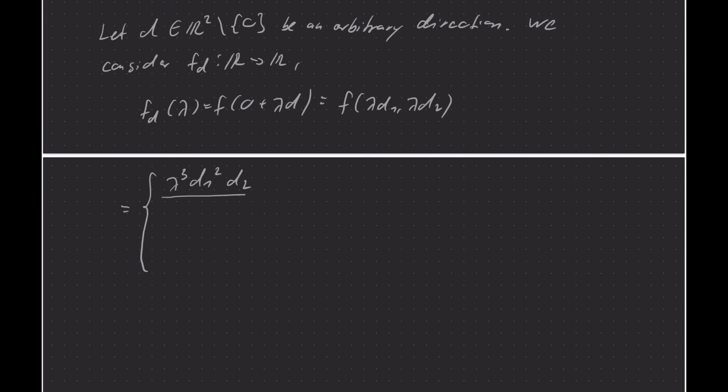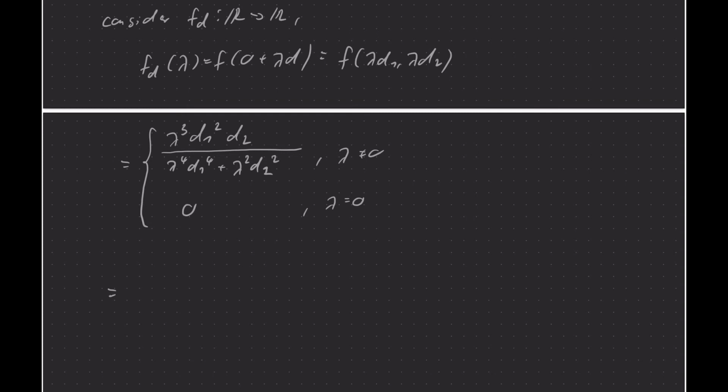And for the denominator, we have x1 to the fourth, so that's lambda to the fourth d1 to the fourth, plus x2 to the 2, so that's lambda to the 2 d2 to the 2. Okay, so that is for lambda not 0, and then we have 0 for lambda equal to 0.